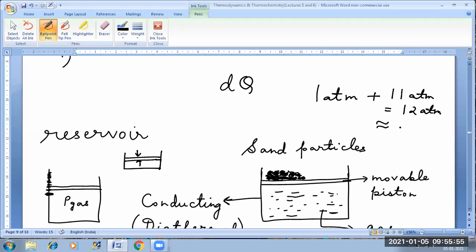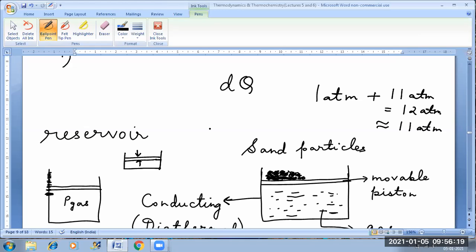So I can approximately say that the external pressure is 11 atm because that 11 atm is coming from the sand particles. Okay, sir. So the pressure acting is because of the sand particles. Yeah, atmospheric pressure is there, but we can ignore it because the pressure exerted by the sand particles is much larger than the atmospheric pressure.